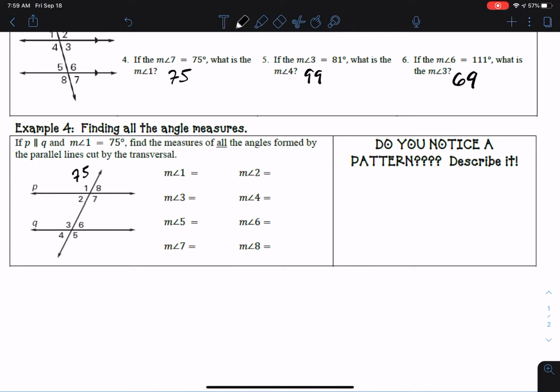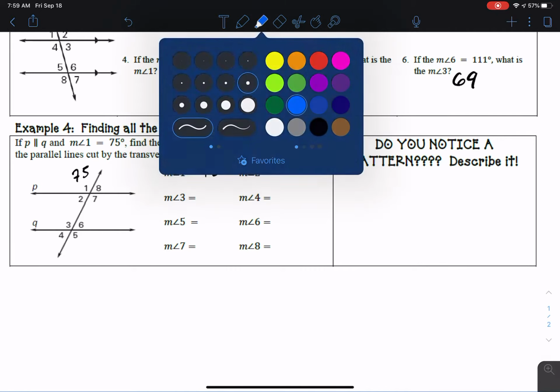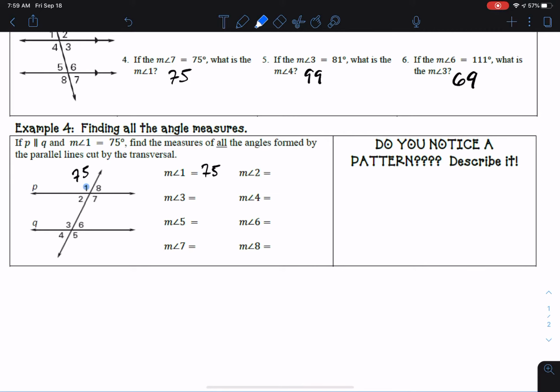It's telling you what it is. 75. So all the ones that I'm about to highlight in blue are the exact same thing as number 1. Because those are all big angles. All the other ones are small angles. So if angle 1 is 75, then angle 3 is 75, angle 5 is 75, and angle 7 is 75.